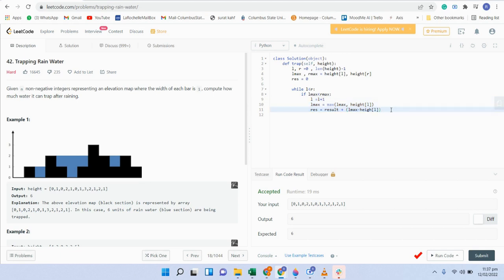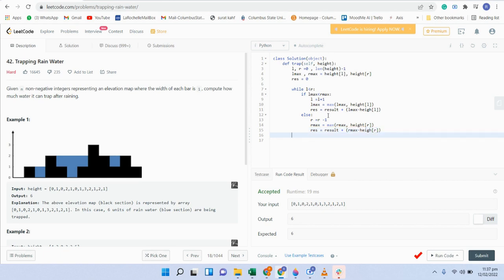So this is for the left one. I'll just copy it, and then for the else part, I'll do the same thing for the right side. The only thing I'm going to change: right is equal to right minus 1, right max is equal to the max of right max and the height of the right side, and result is equal to result plus right max minus the height of this one.